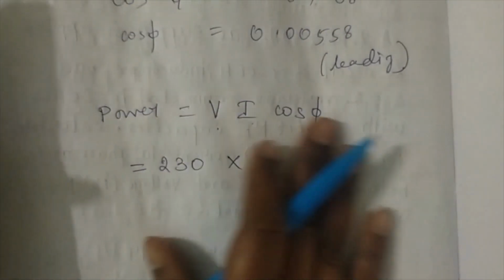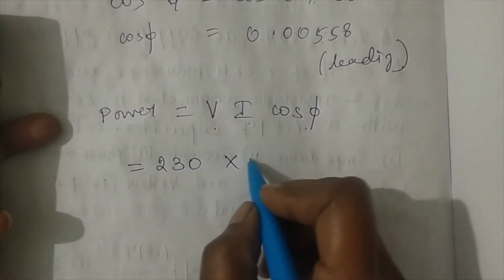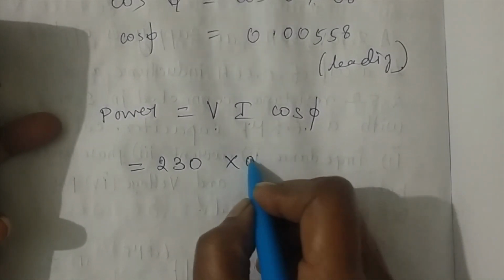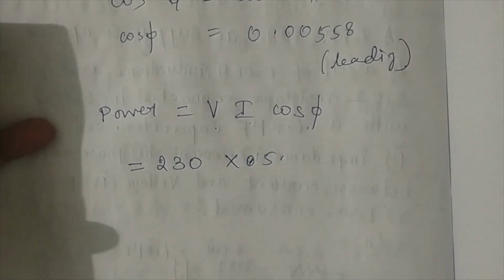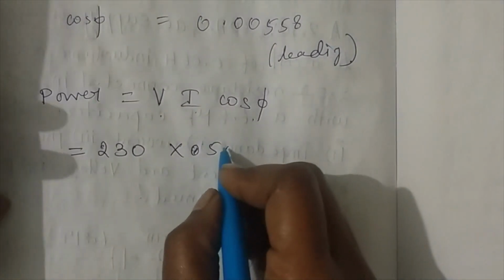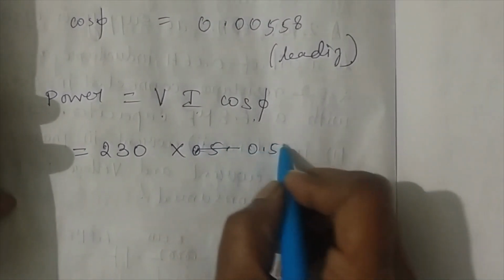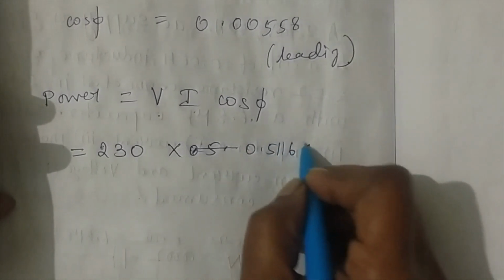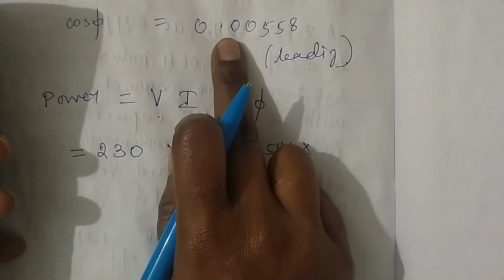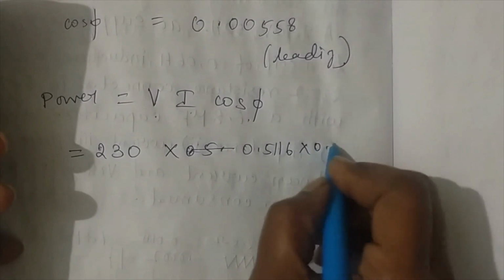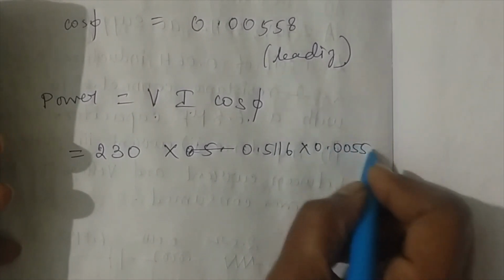So we have to use those two values here: 230 into the current 0.5116, and then the power factor value 0.00558.